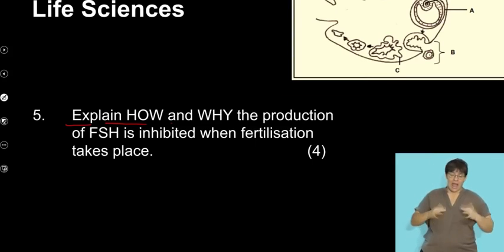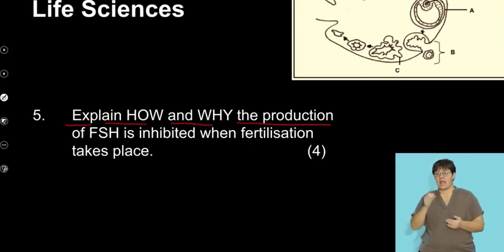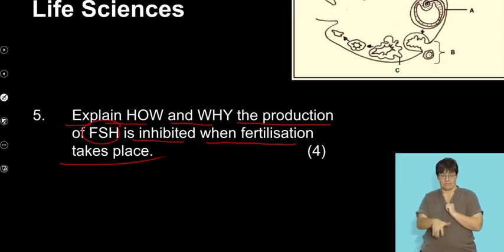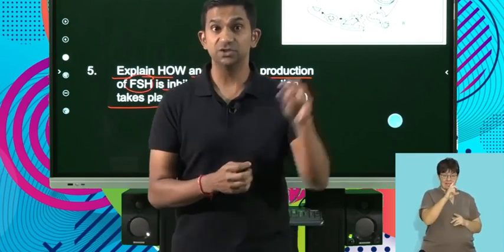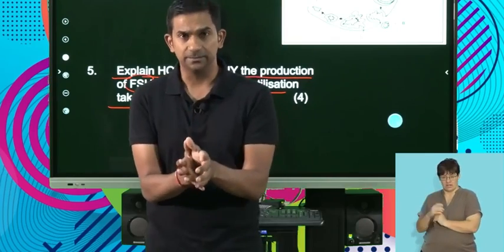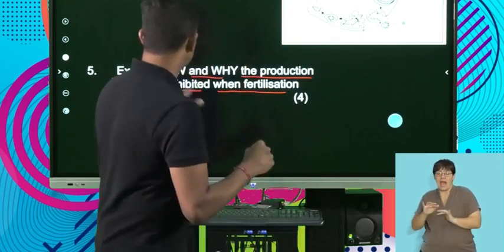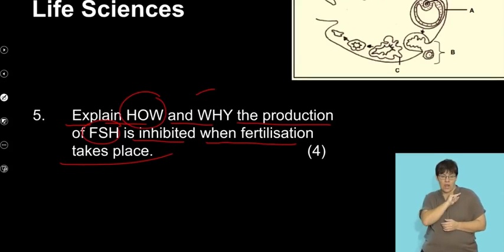Explain how and why the production of FSH is inhibited when fertilization takes place. Now guys, if we remember that FSH is a hormone that is produced by the pituitary gland to stimulate the development of a new follicle. So the question points: explain how and why the production of FSH is inhibited.